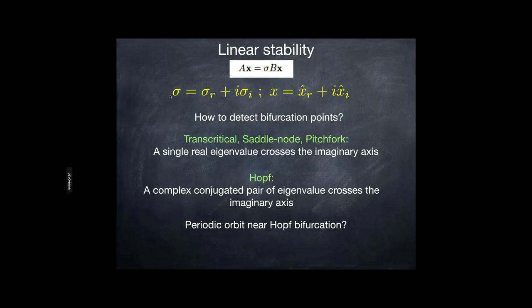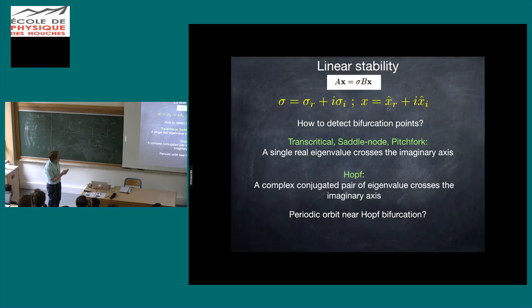So if you have the linear stability problem, you have the eigenvalues and eigenvectors, and then from there you can compute the saddle node and pitchfork bifurcation by looking at a single real eigenvalue crossing the imaginary axis. And for the Hopf, you have a complex conjugate pair of eigenvalues crossing the imaginary axis, and there are techniques also to compute periodic orbits near the Hopf bifurcation.